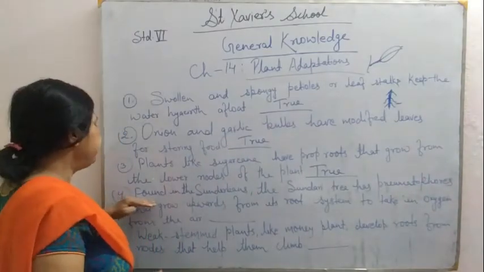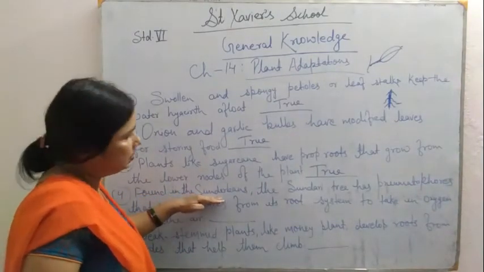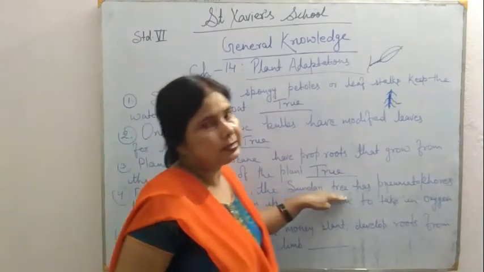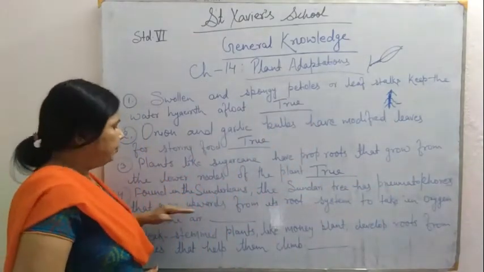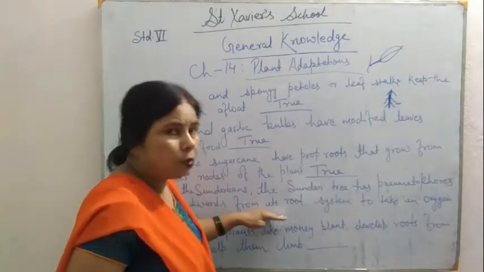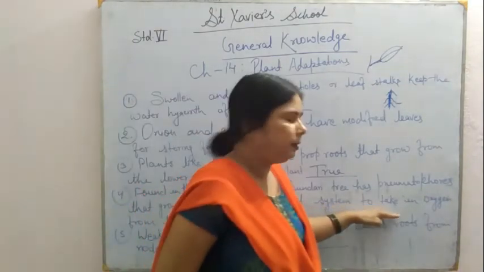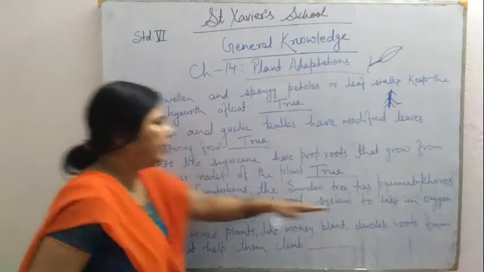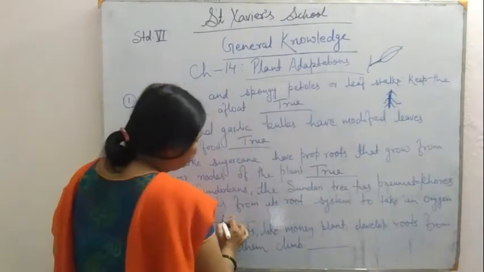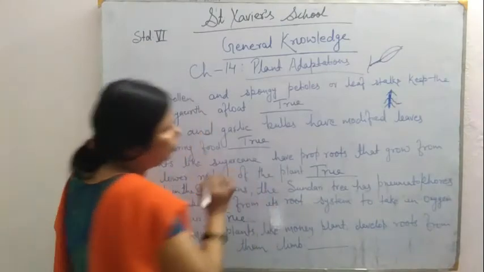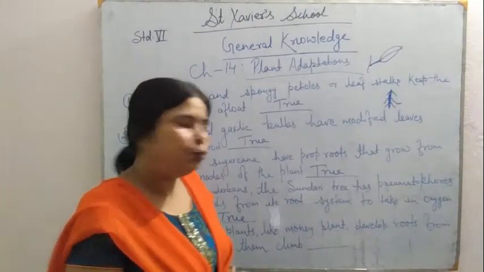Fourth question. Found in the Sundarbans, the Sundari tree has pneumatophores that grow upwards from its root system to take in oxygen from the air. This is a true statement. Children, do you understand what are pneumatophores?